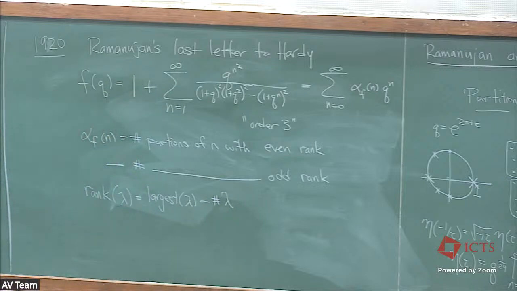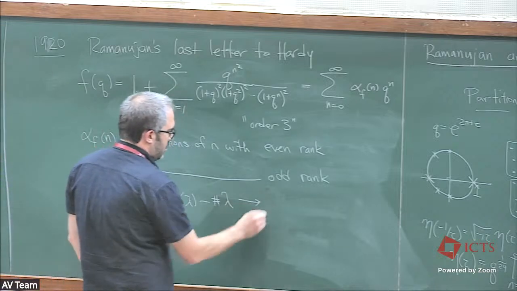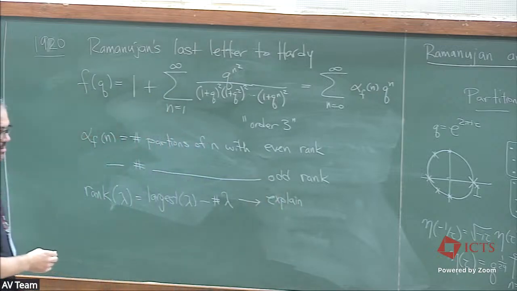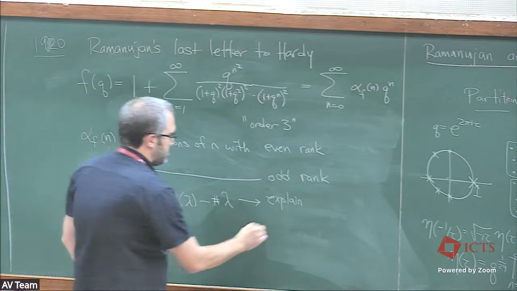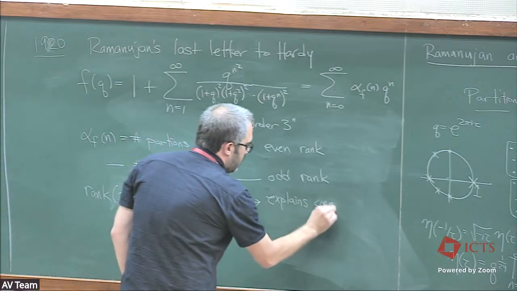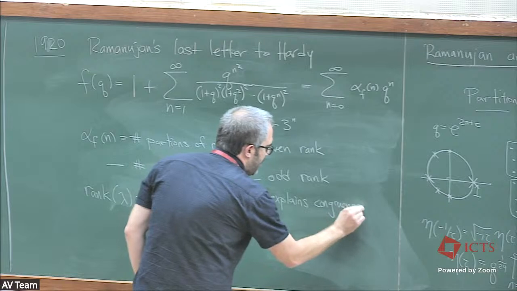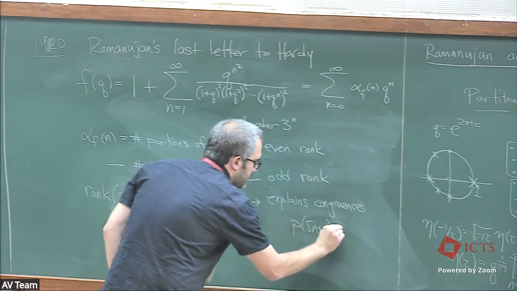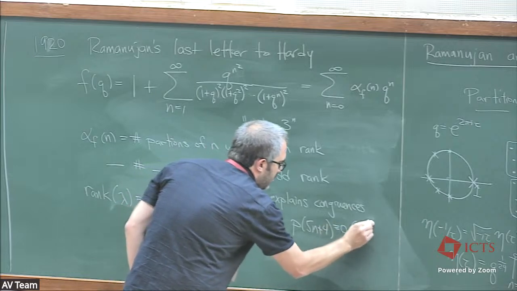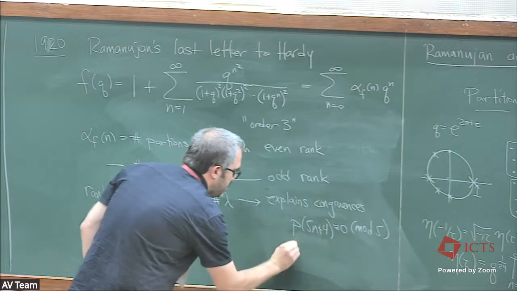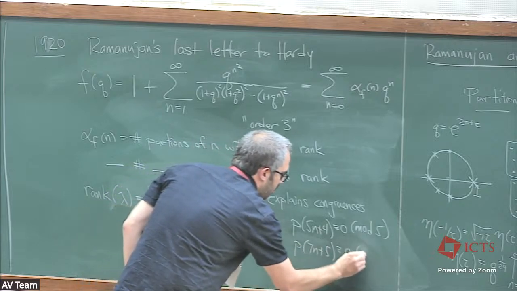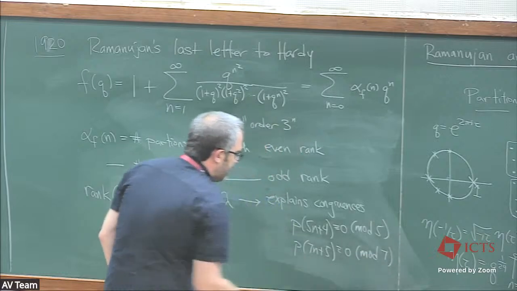Why is the rank a thing that we care about? Well, it gives a combinatorial explanation for one of Ramanujan's famous theorems. So it explains Ramanujan's congruences, at least mod 5 and 7. So the congruences are P of 5n plus 4 is congruent to 0 mod 5. And P of 7n plus 5 is congruent to 0 mod 7.